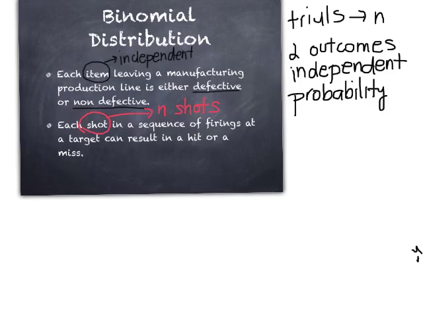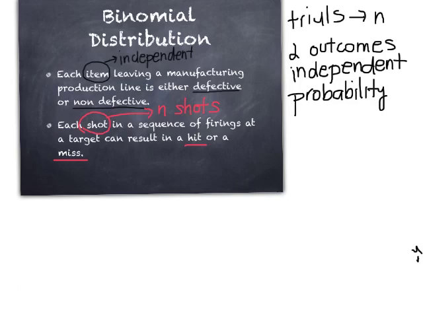We can assume that they are independent. So it doesn't matter if the first shot was a hit or a miss. The second one has the same probability of being a hit or a miss. You have two possible outcomes, hit or miss, and you have some probability of success. So you could see that actually you have the four characteristics here.